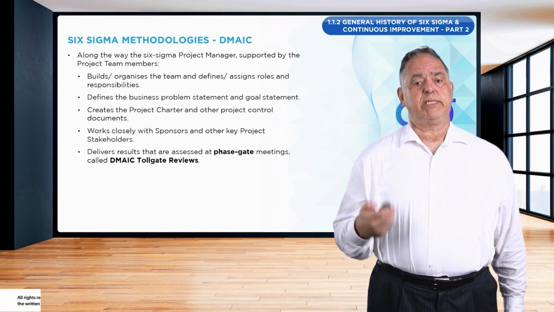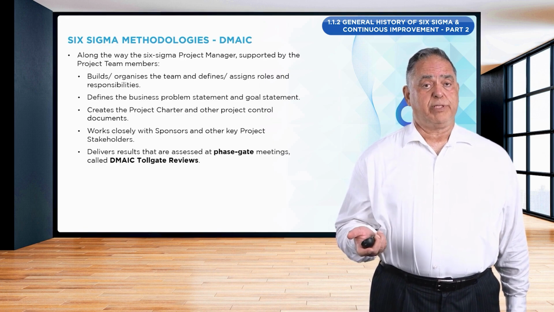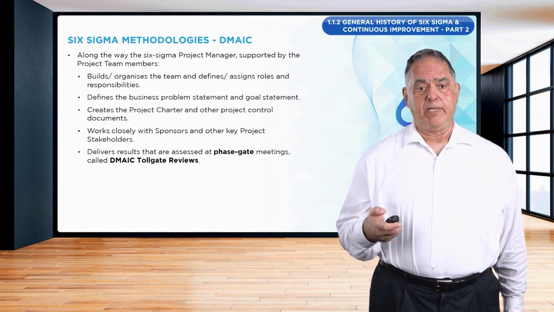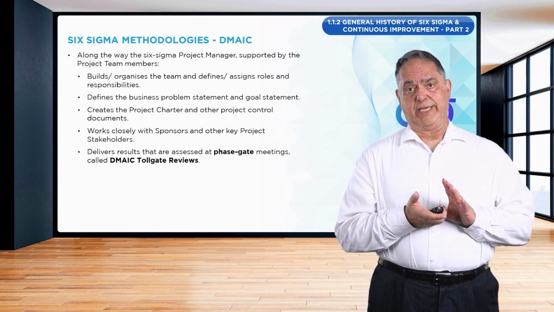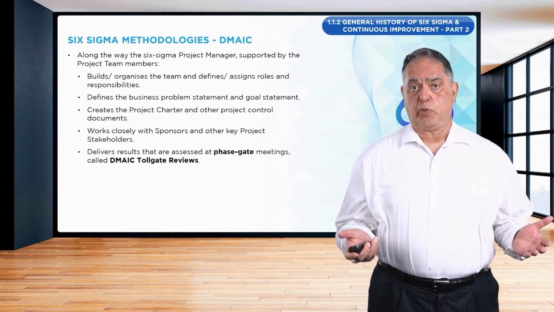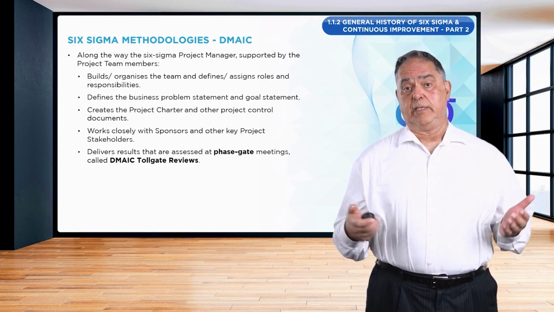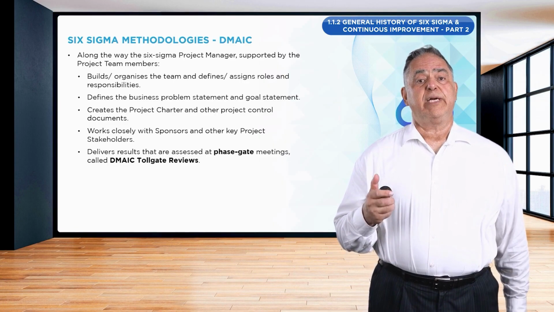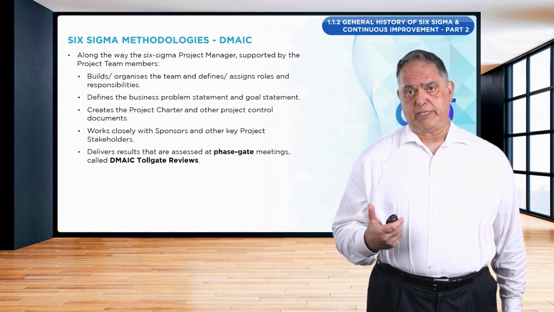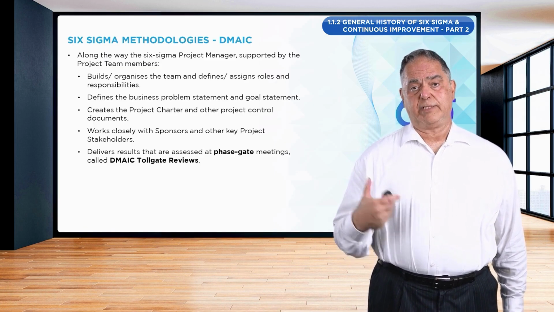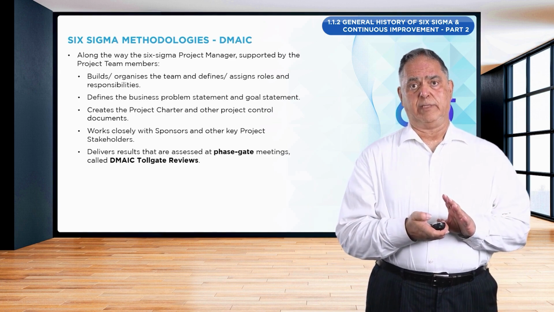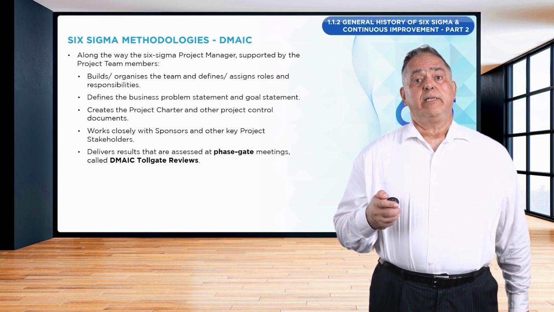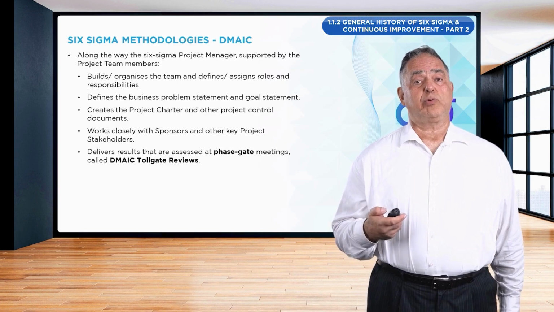Along the way, the Six Sigma project manager, supported by the Six Sigma project team members, builds and organizes the team and also makes sure that roles and responsibilities are clear and understood by everyone within the team, defines what is known as the business problem statement that must be addressed, and also the objective or goal statement, what we try to achieve by completing the project, and basically creates the process control documentation.